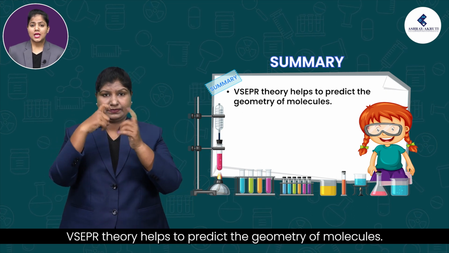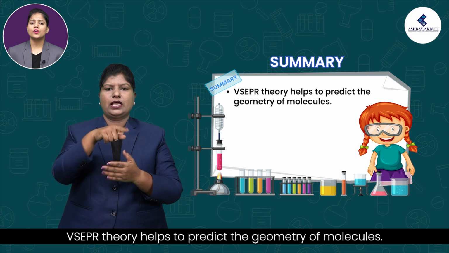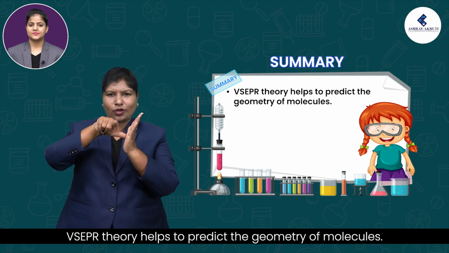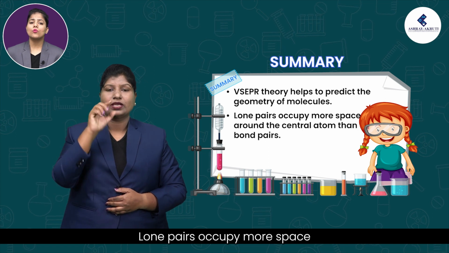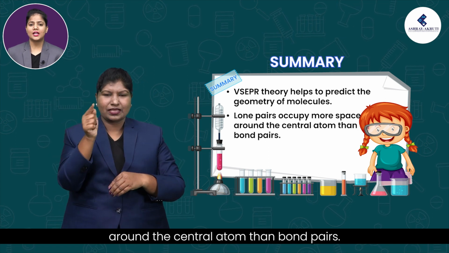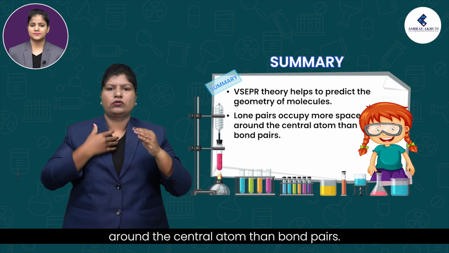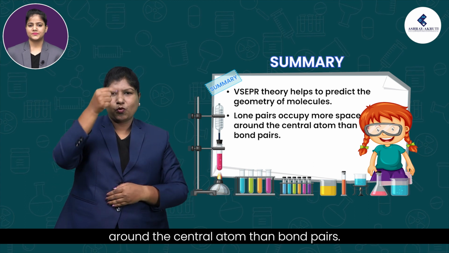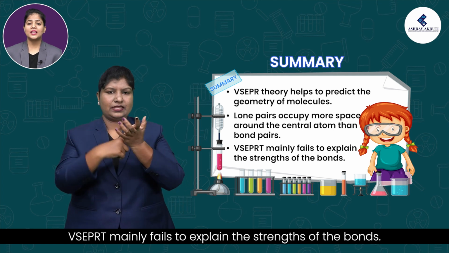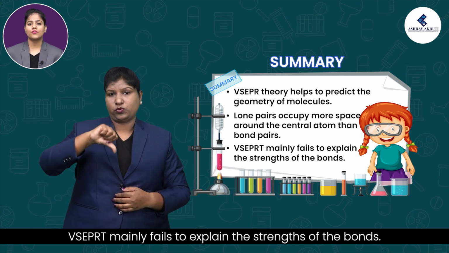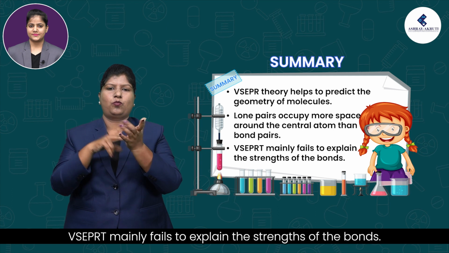VSEPR theory helps to predict the geometry of molecules. Lone pairs occupy more space around the central atom than bond pairs. VSEPRT mainly fails to explain the strength of the bonds.